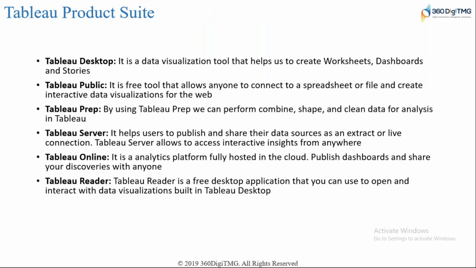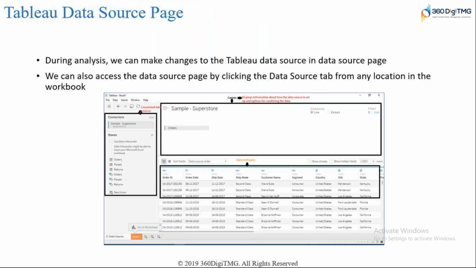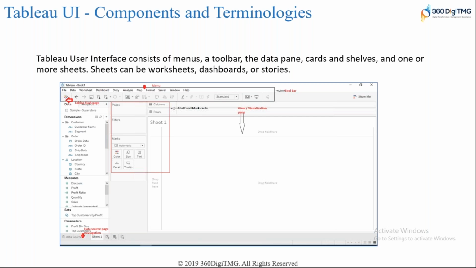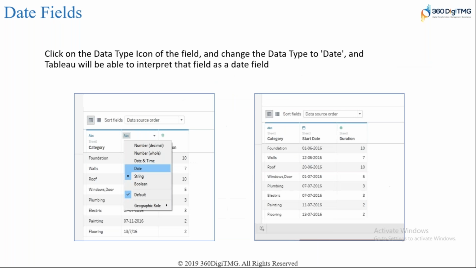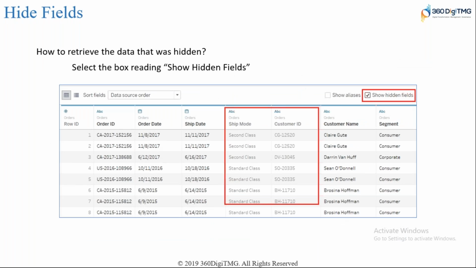We discussed about Tableau product suite yesterday. Start page we explored, data source page we explored, components and terminologies we got familiar with now, right? We know the purpose of show me panel. We discussed about data types, renaming the fields and changing the data type, hiding the fields, editing alias, all this we saw. So we can say we completed module 1.